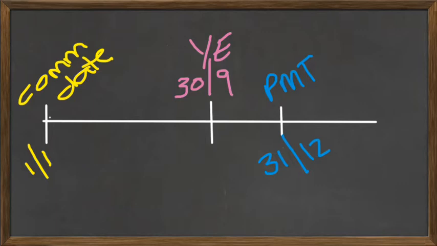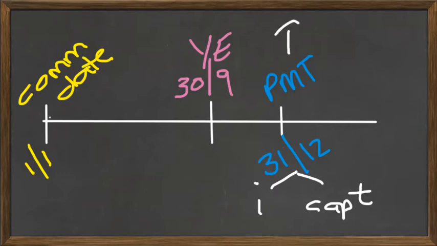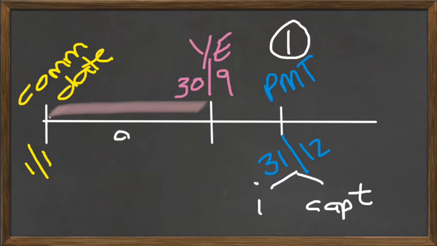The first payment is on 31st December. Each payment comprises an interest component and a capital component. The interest component of this first payment has already accrued over time. Since commencement date to year end, 9 months interest has already accrued and has to be accounted for.